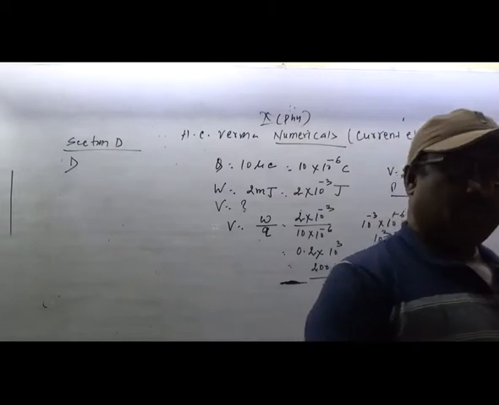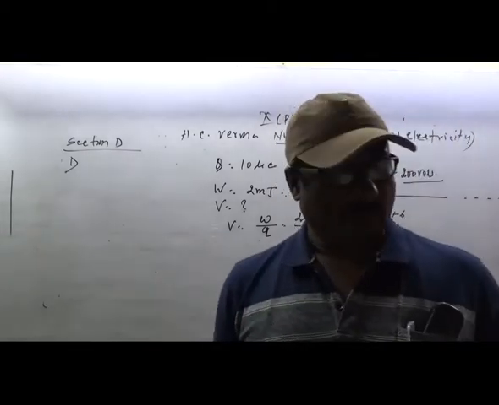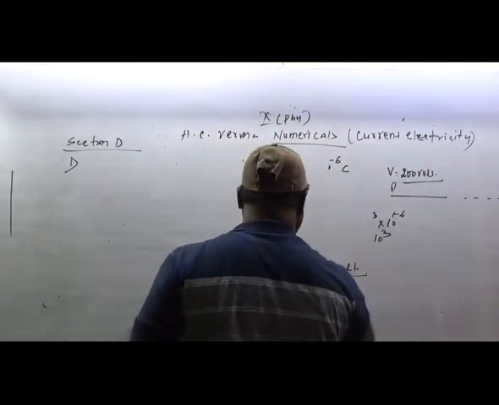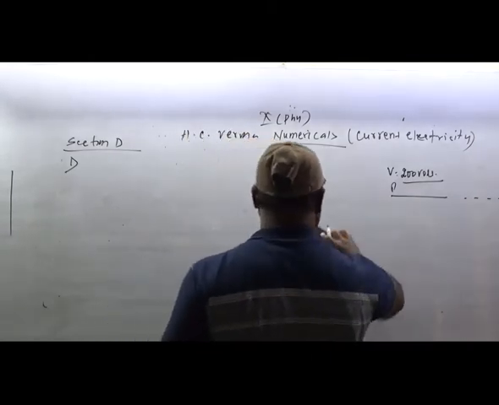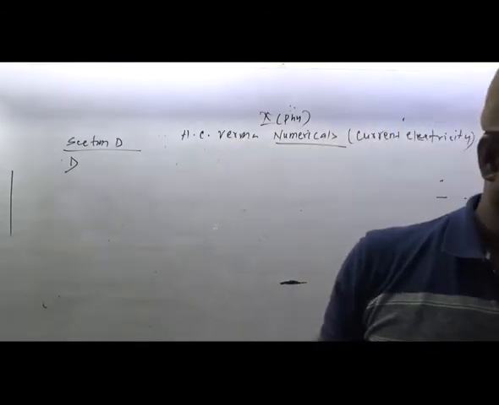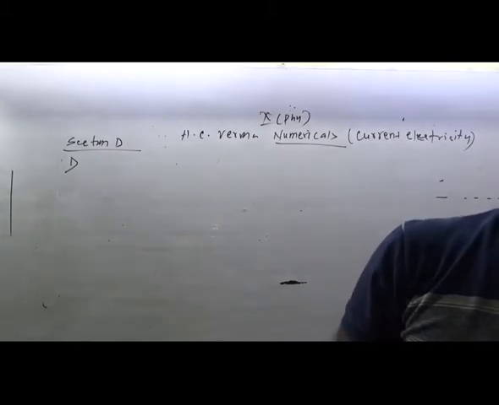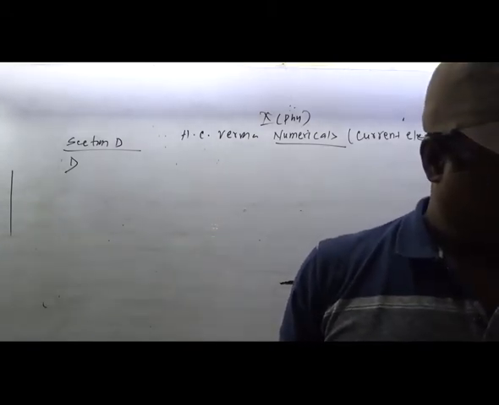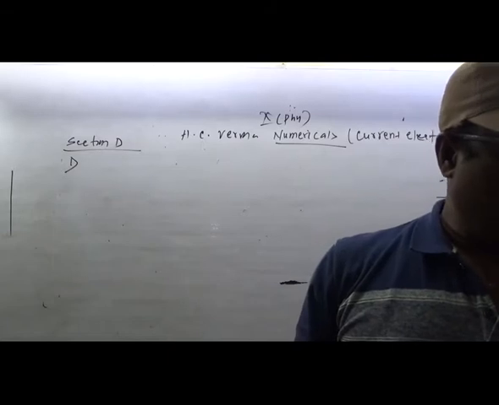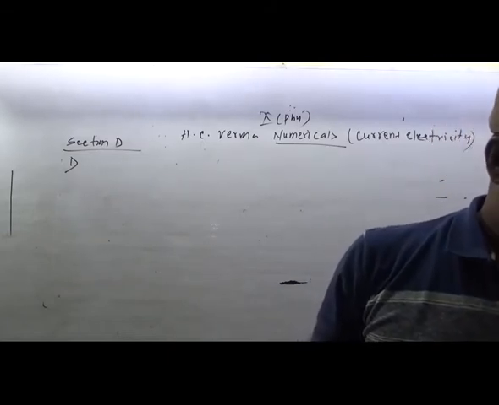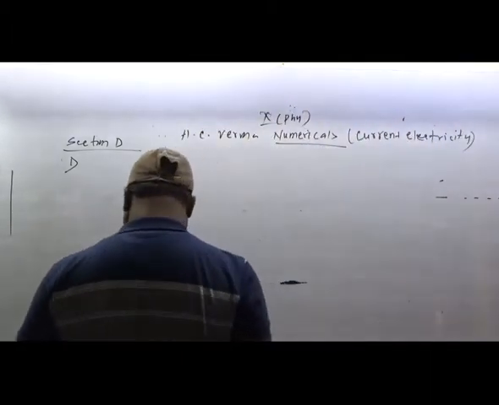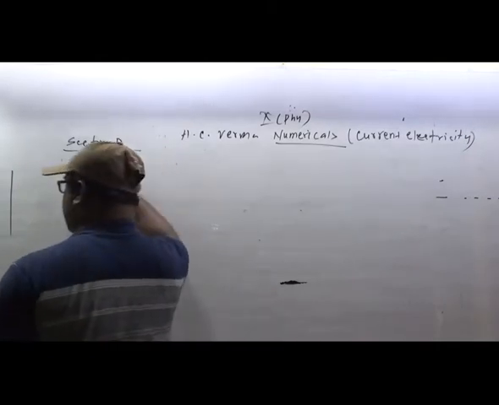Now the next question. Here it is. Calculate the work done in taking a charge of 0.02 coulomb from A to B. Alright, it is question number 2.